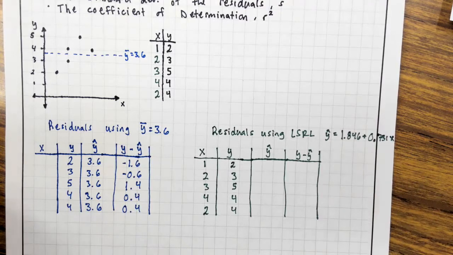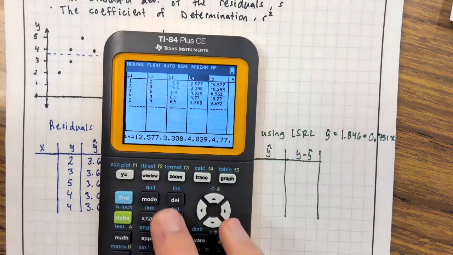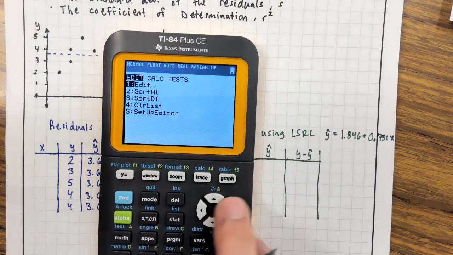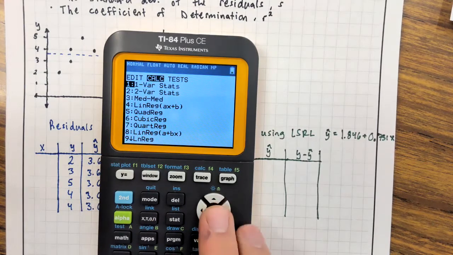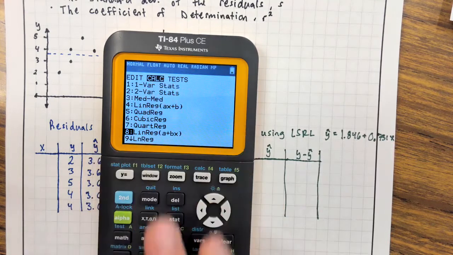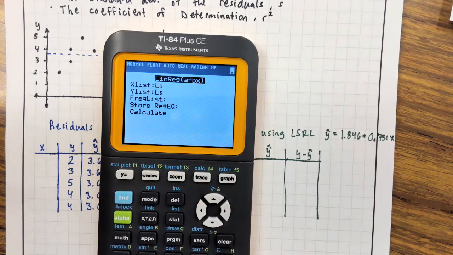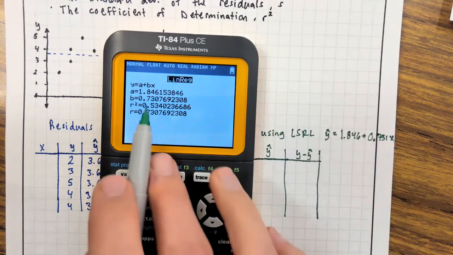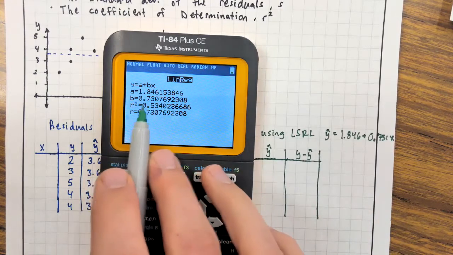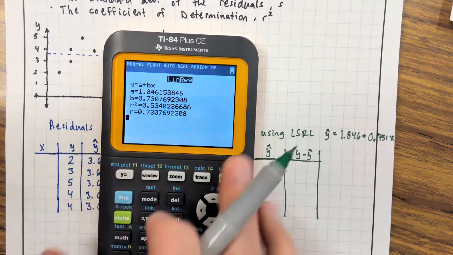All right, so kind of a process to get to this, but I just used a calculator for it, by the way. So one thing I guess we can review, to get the slope and the y-intercept for your regression equation, you would just go to stat, edit, go over to calculate, and then it's option 8 for linear regression. I am actually doing list 1 and list 2. Okay, and so hey, that's where I got these values, 1.846 and then the 0.73. I just rounded that up to 1.